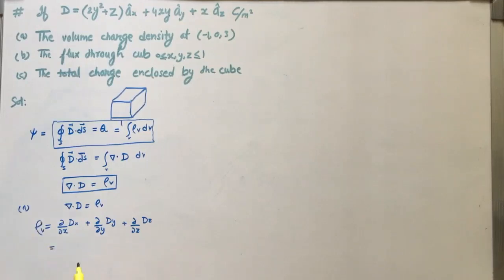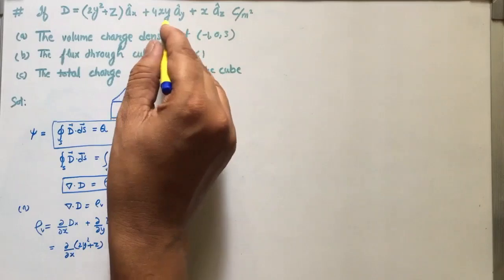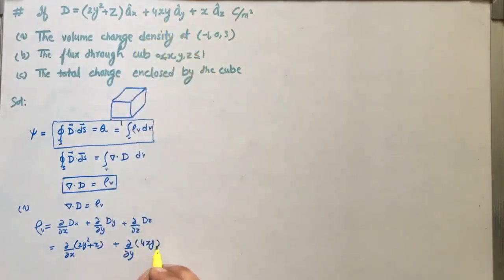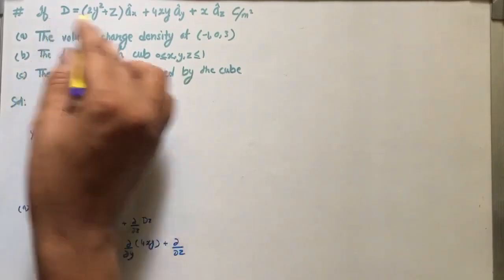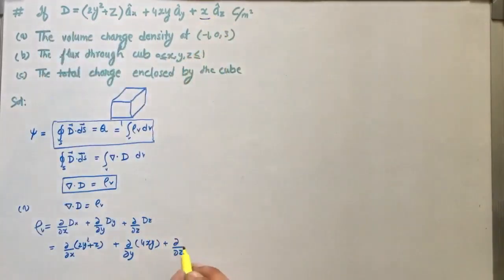So go ahead and try to differentiate the x component with respect to x. It will give us 2y square plus z, plus del over del y of 4xy, plus del over del z of dz, which is this x.